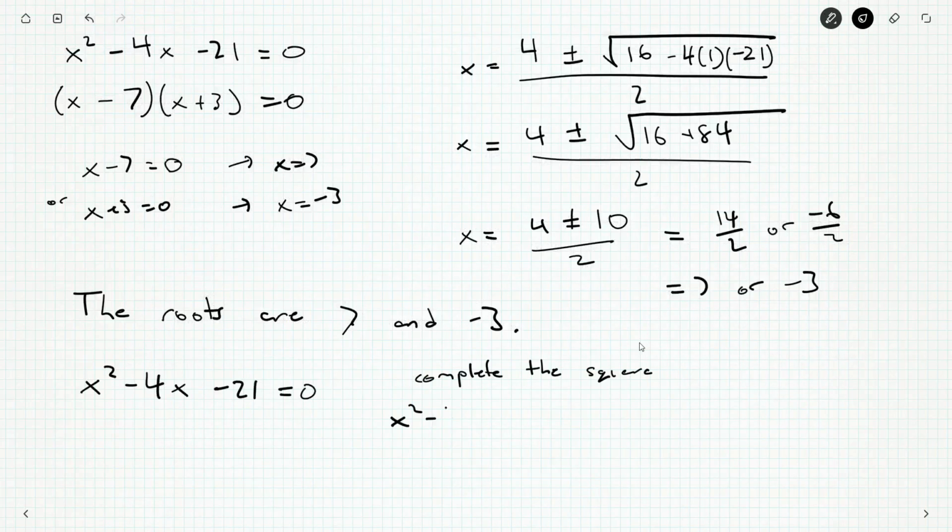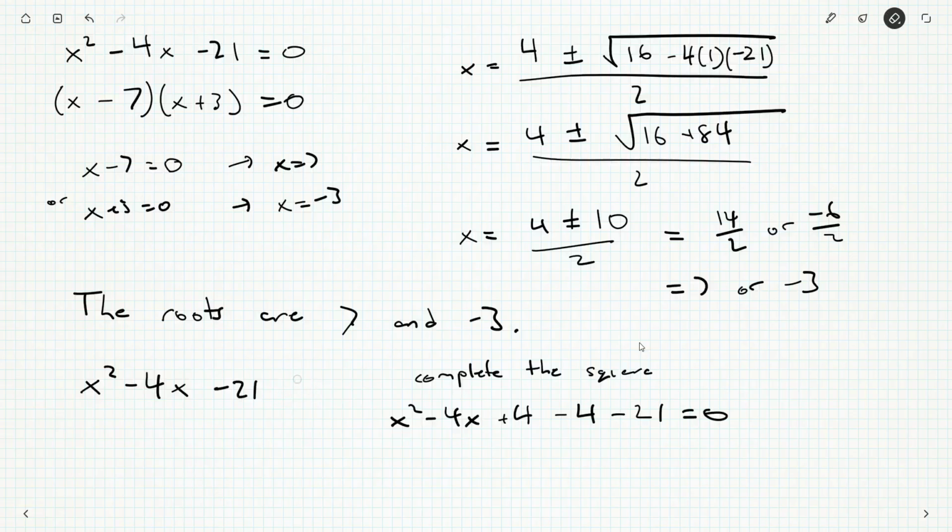So we're going to get x squared minus 4x. What do I need to make this something squared? I need a plus 4 here. So minus 4 minus 21. Got to make sure these cancel out. And then we don't need the 0. We need equals y, because we're going to graph this.